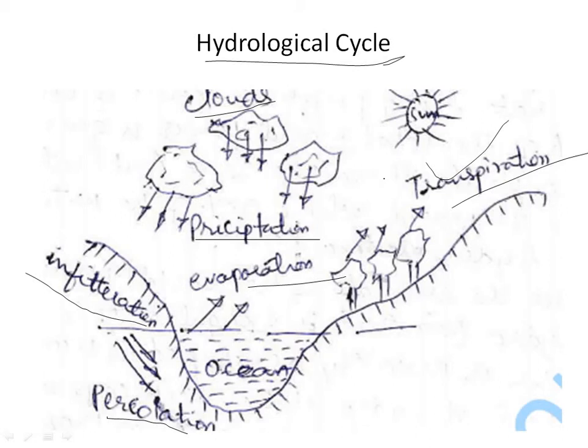And next we'll be discussing seepage. Seepage is also known as infiltration. It is the process of water entering into the ground. Water on the earth's surface percolates through the soil and forms the groundwater under the earth's crust.